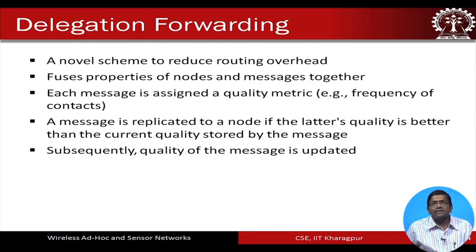A message is replicated to a node if the latter's quality, that means the node with which it is coming in contact, is better than the current quality stored by the message. Then it is replicated to that node. Subsequently, the quality of the message is updated.